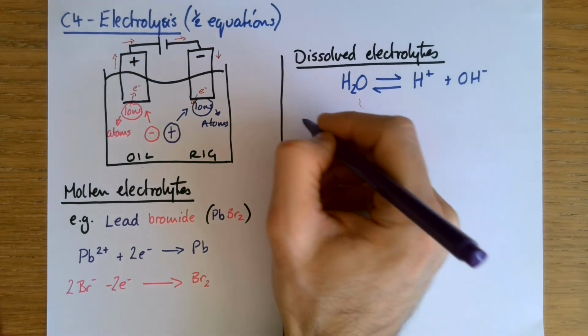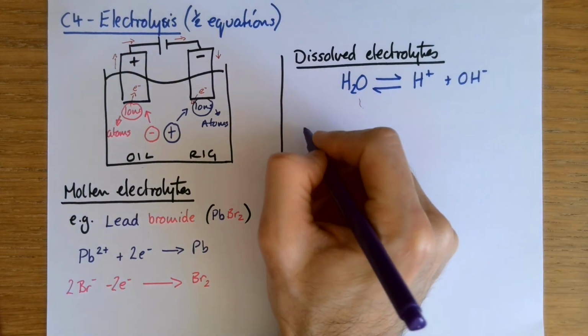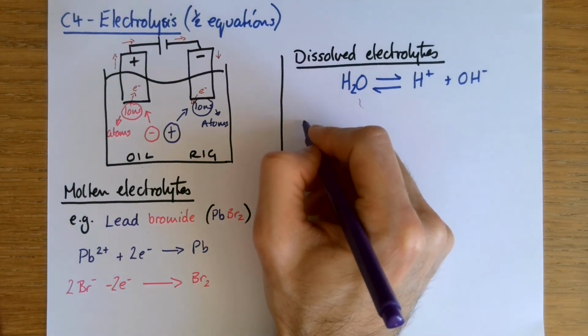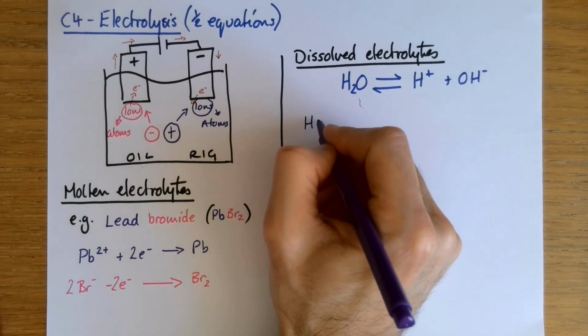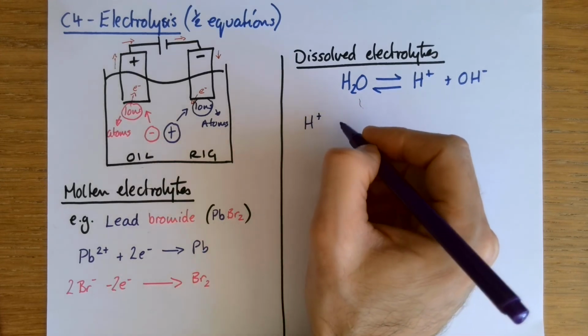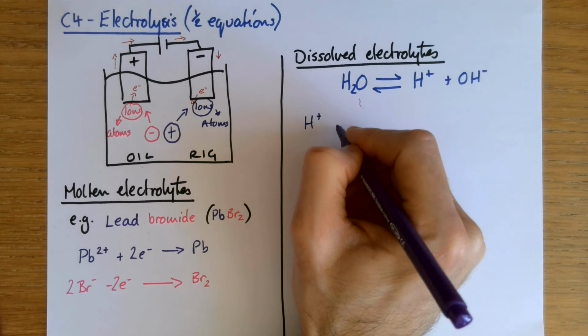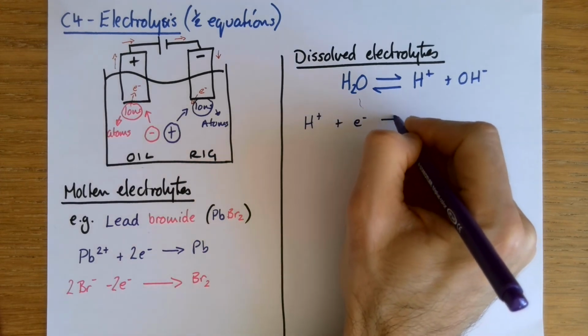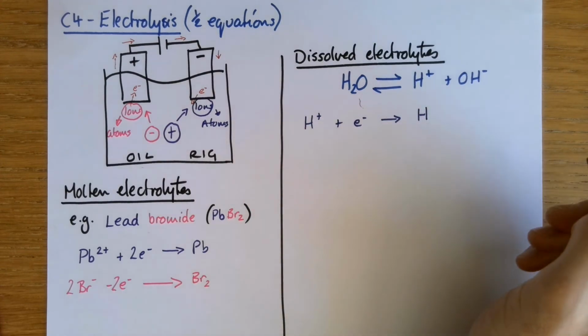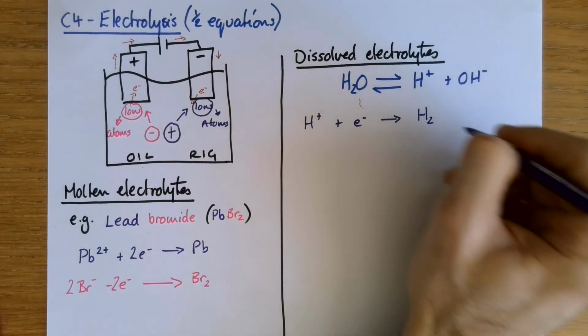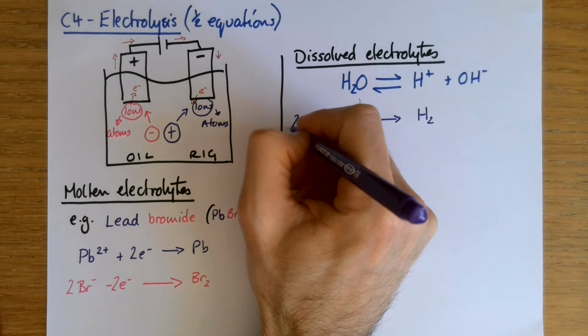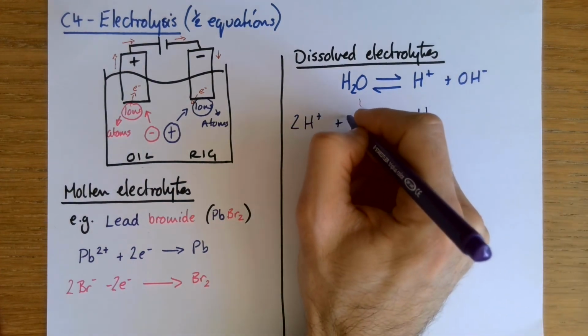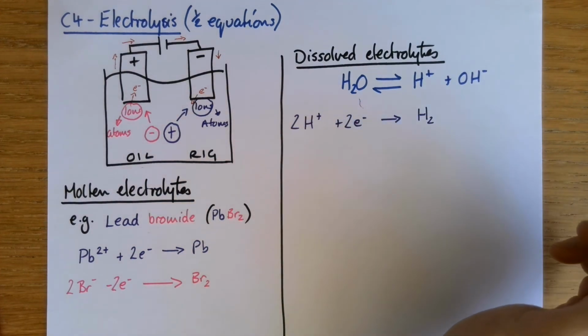If you have hydrogen as the substance that's going to react, we'll get a hydrogen ion. Our hydrogen ion is going to gain an electron, and that is going to form a hydrogen atom. Now hydrogens also pair up to form molecules. As a result, we need 2 hydrogen ions to gain 2 electrons.